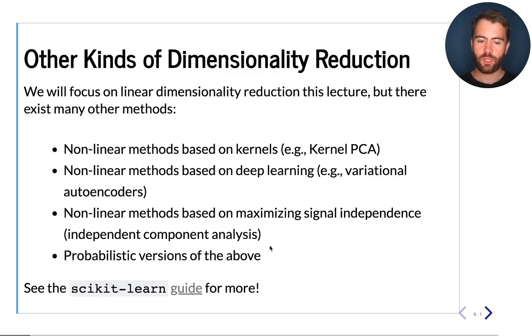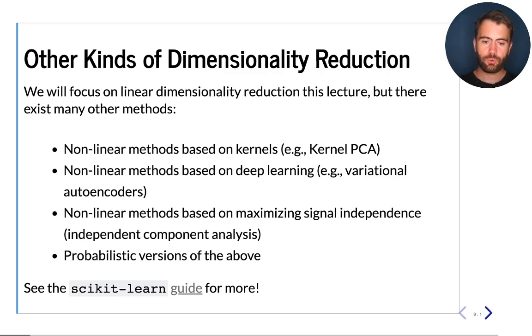And also, even though I will talk a lot about non-probabilistic versions, there are also probabilistic versions of most of these algorithms, so they can be mapped to a probabilistic model, similarly to how k-means and Gaussian mixture models were related in the context of clustering. This allows us to make use of all of the benefits that a probabilistic model would give us, such as uncertainty estimates or being able to use the log likelihood as a measure of overfitting.